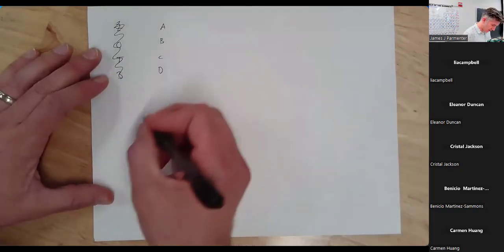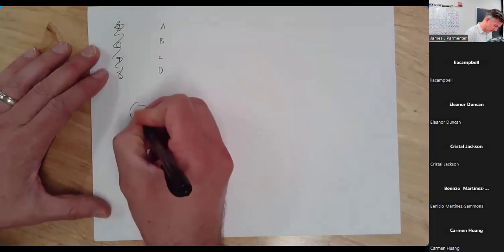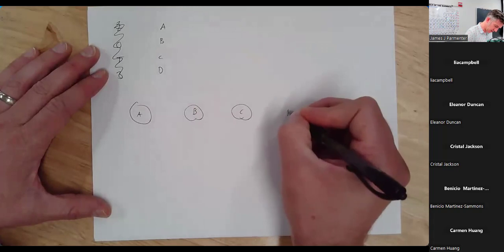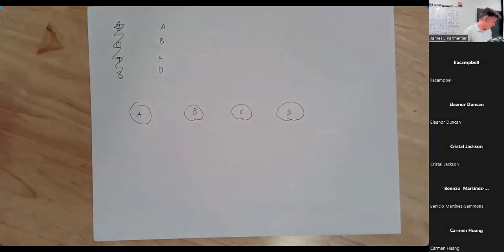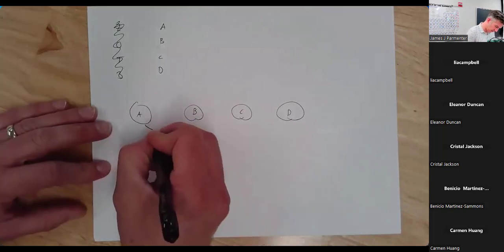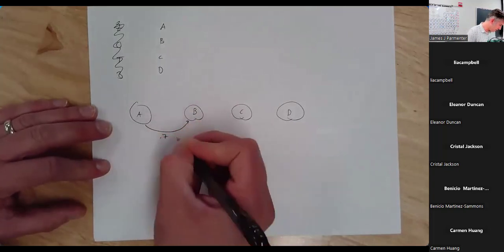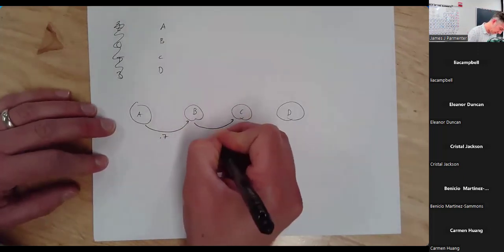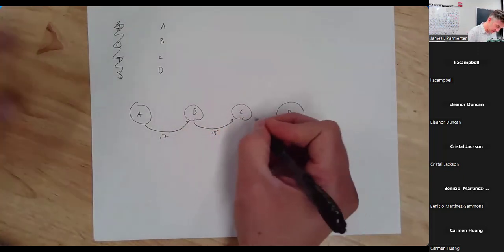So I would draw the picture before I tried to draw the matrix. So 70% of the age 0s make it to the next grouping. So from A to B is going to be 0.7. 50% of the age 1s make it to the next grouping. And 10% of the age 2s make it to the next grouping.